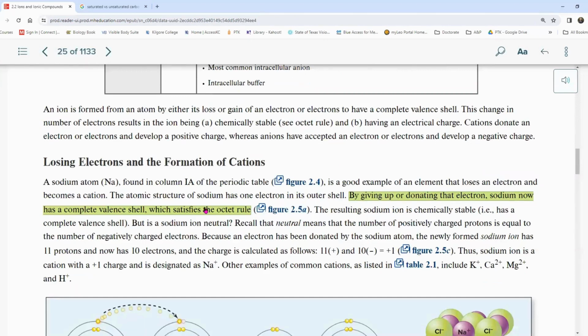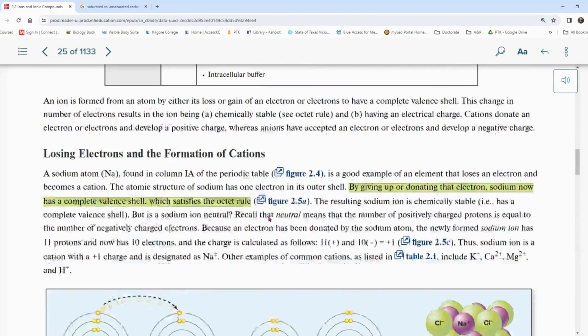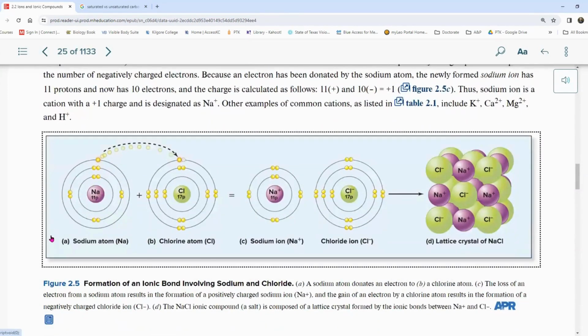So what makes it an ionic bond? By giving up or donating the electron that's in its valence shell, sodium has a complete valence shell. So let's look at this diagram here. Sodium has 1 electron in its outer shell, or its valence shell.